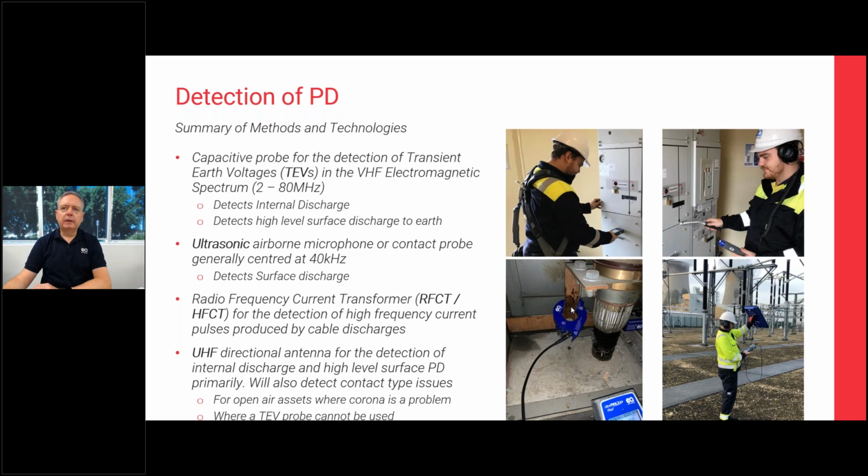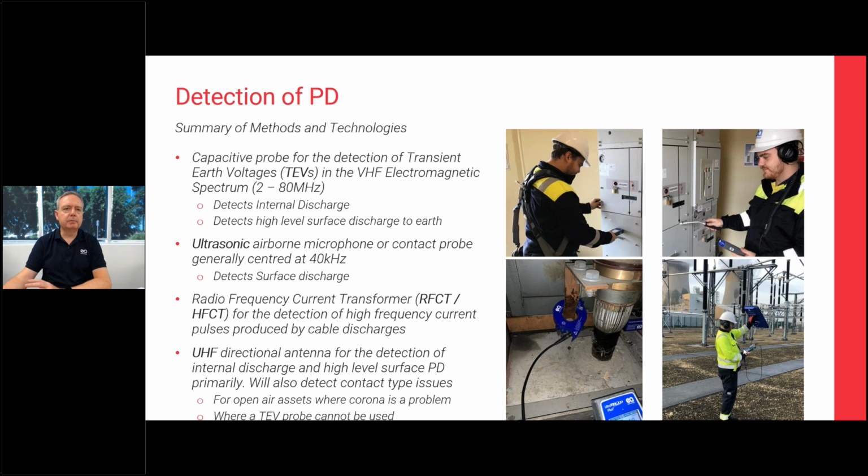And when we're going into more high voltage or EHV type yards, where we can't physically touch an asset or unearth part of the asset with a TEV probe, then we can use a UHF type antenna.